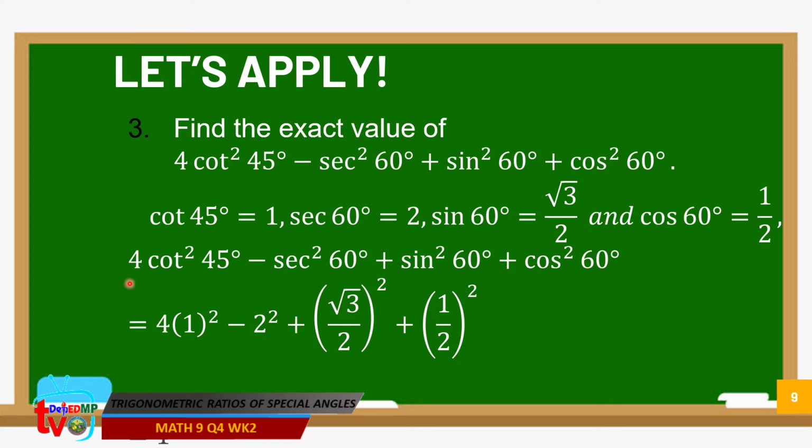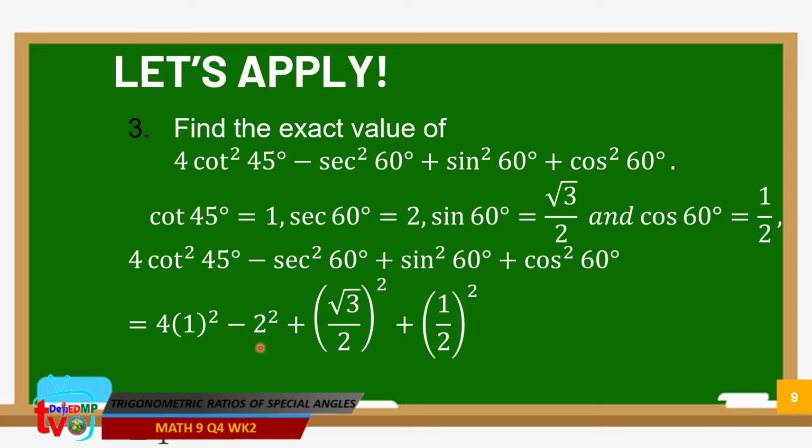So the 4 here, I just copied it here below. Now, cotangent 45 degrees is 1, so that is 1 squared because cotangent squared is the given. Next, minus. We know that secant 60 degrees is 2.